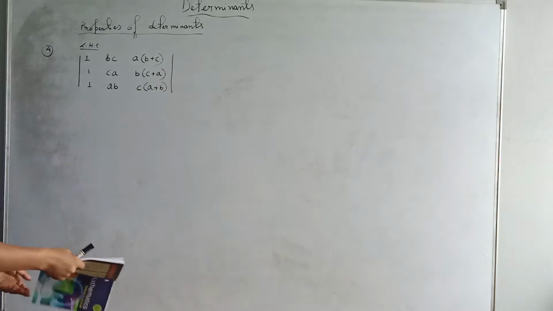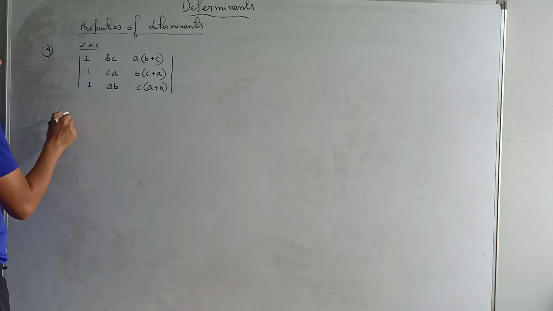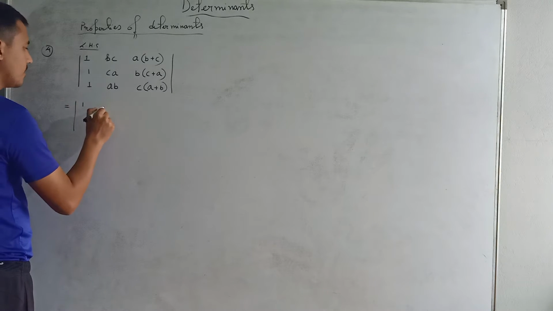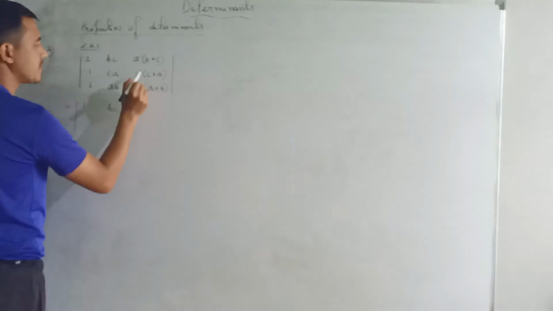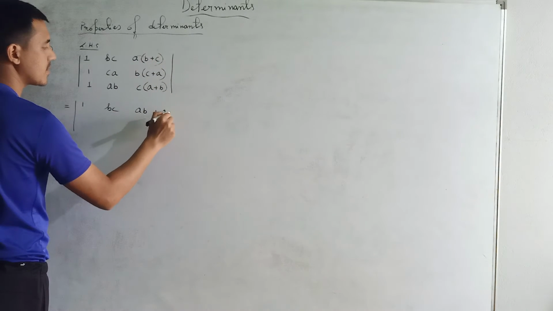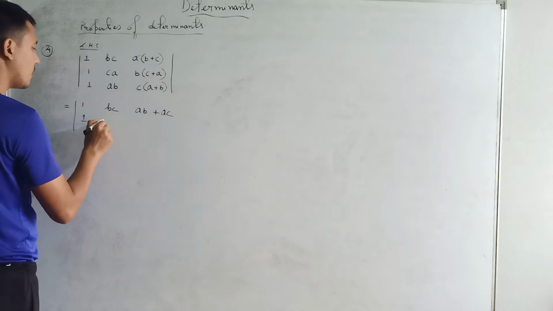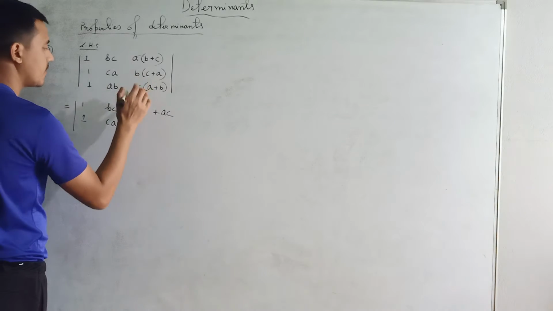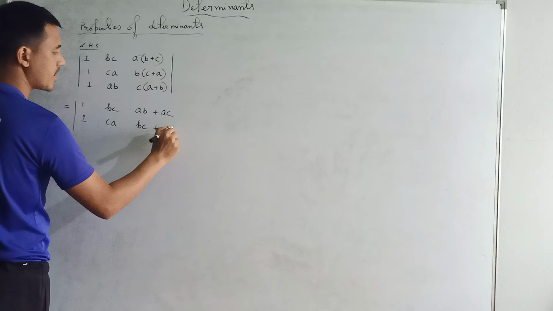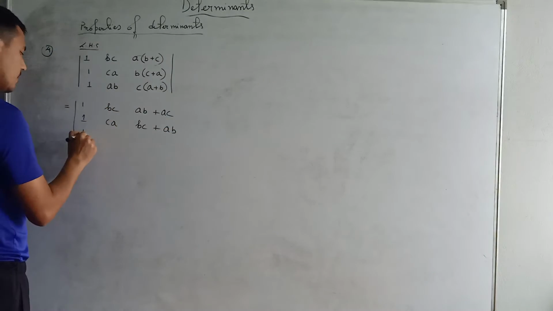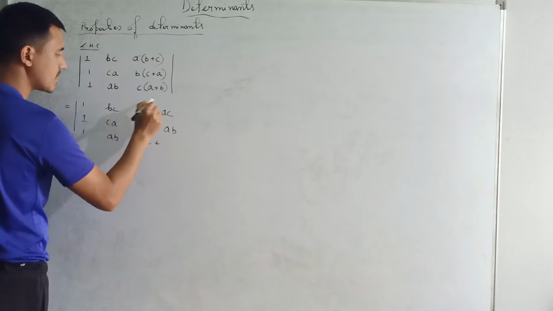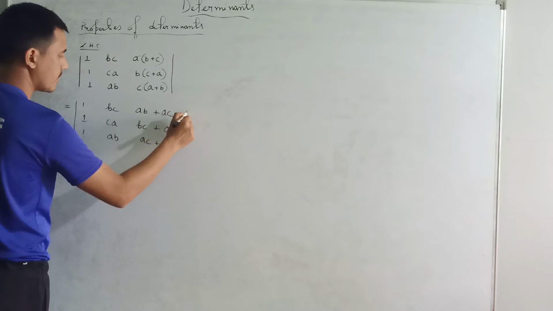Now, what we do is: 1, BC, A times B is AB plus A times C is AC. 1, CA, B times C is BC, B times A is AB. 1, AB, C times A is AC, C times B is BC.